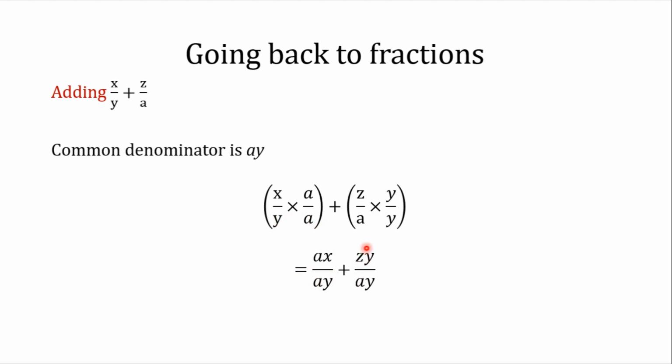Then we get z times y over a times y. So they both now have a common denominator. Instead of writing it this way, we can just write it at the bottom, which is ax plus zy over ay. So this would be your final answer.